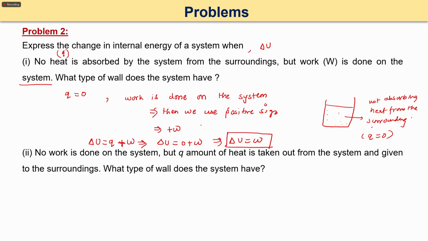So we have calculated the change in internal energy, but now they have asked what type of wall this system has. We know that if your system is not absorbing heat, then what kind of wall will it have?